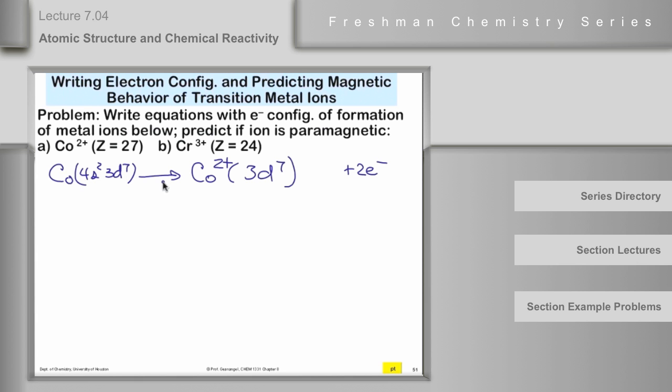Okay? Now, predict if this ion is paramagnetic. Draw the box diagram. Draw the box diagram on your paper for 3d7. Have you got it?